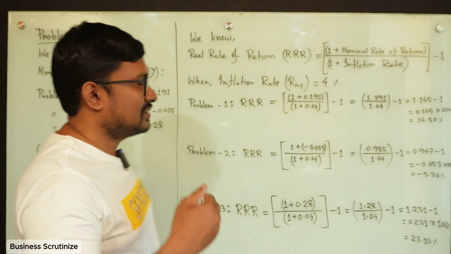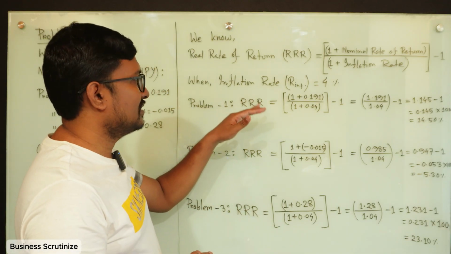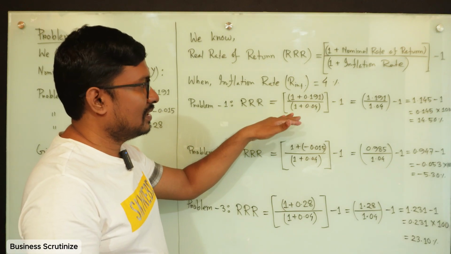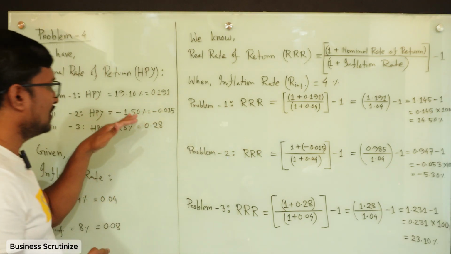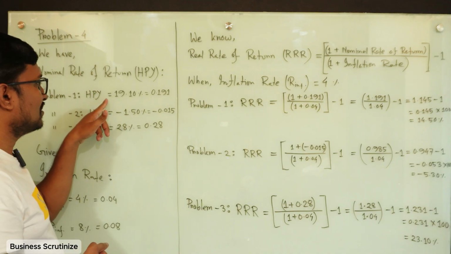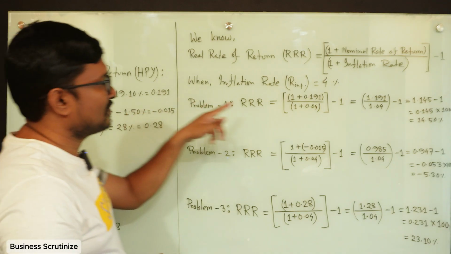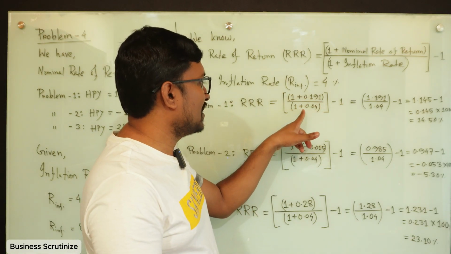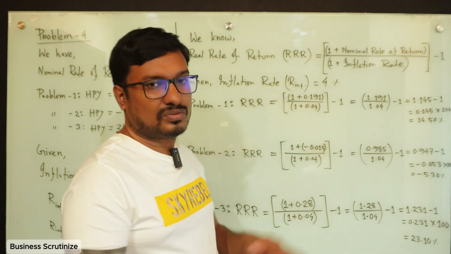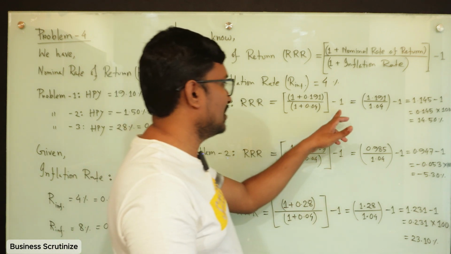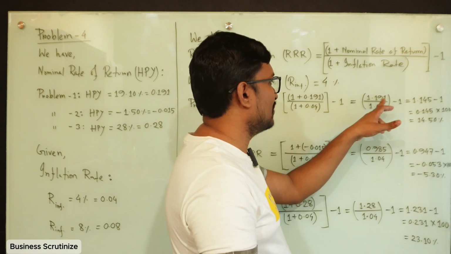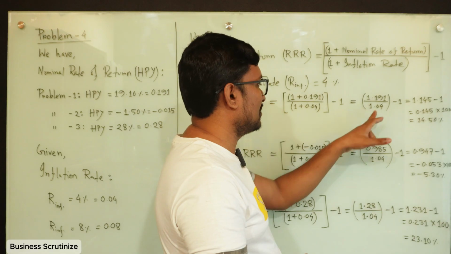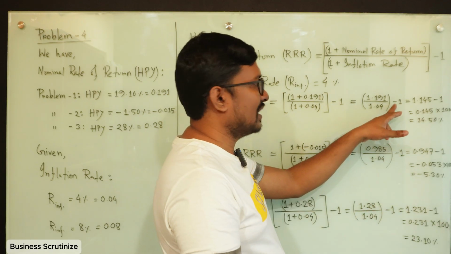If we consider 4% as the inflation rate, then for problem number 1 we input the data we have. The nominal rate of return, the HPY, is 0.191, so 1 plus 0.191 divided by 1 plus 0.04, where 0.04 is the inflation rate, minus 1. The numerator is 1.191 and the denominator is 1.04.